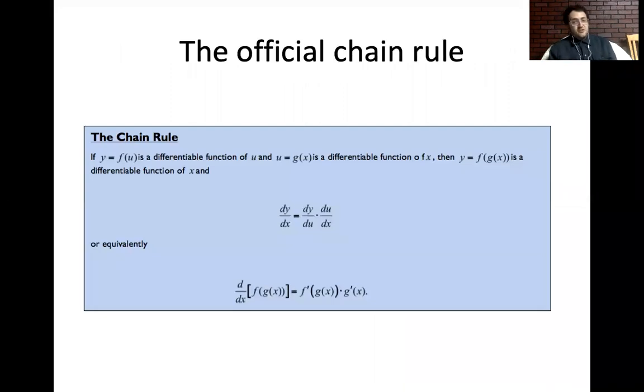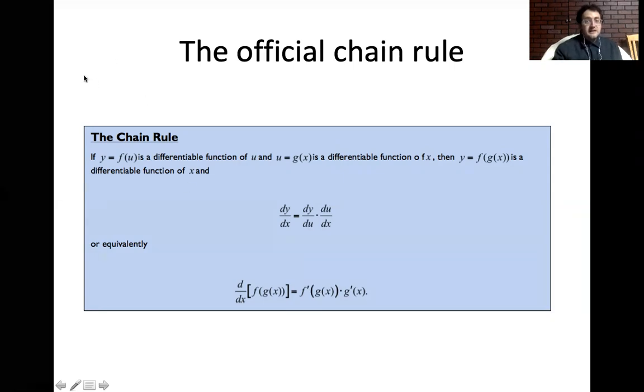This is the technical definition of the chain rule. There are a lot of different notations that are used. These are some examples that you will see in calculus textbooks. So the dy dx notation you see sometimes, or the f of g of x notation. So this is f prime of g in shorthand times g prime of x.